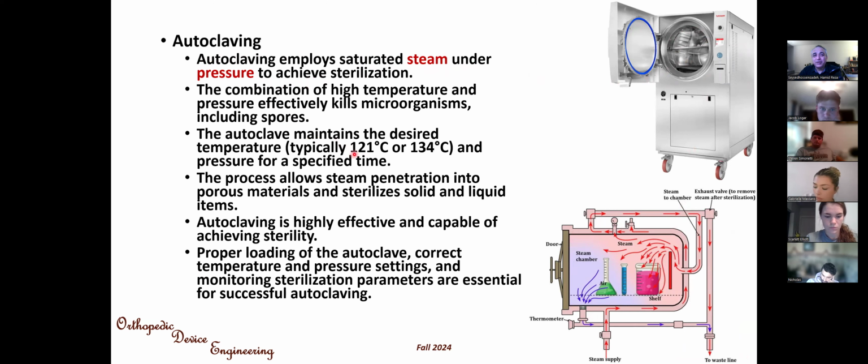This high temperature, which is around 121 to 134 degrees Celsius, and high pressure can kill almost all the bacteria and all the organisms. It is highly effective. It is the most common method of sterilization for the operating room, especially in developing and underdeveloped countries. But it has some problems.